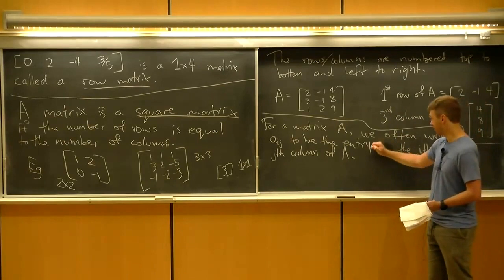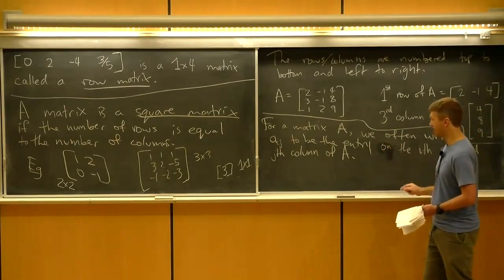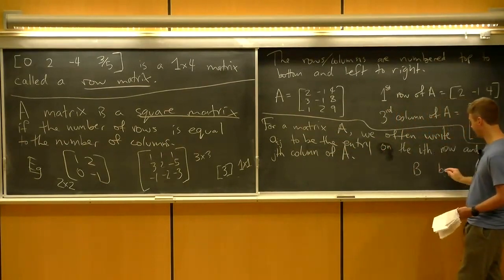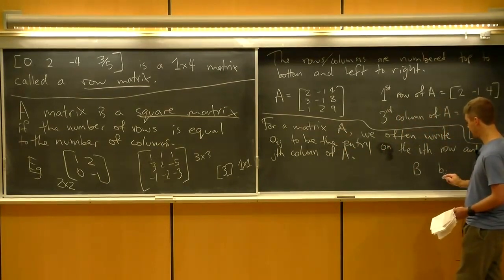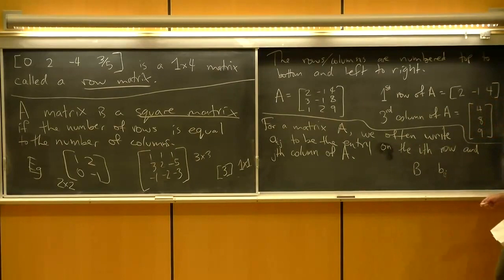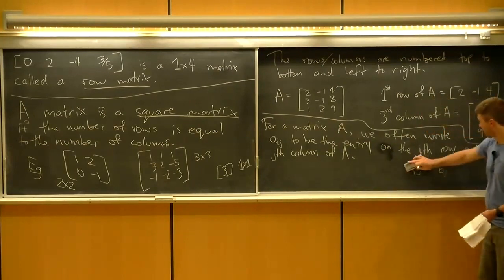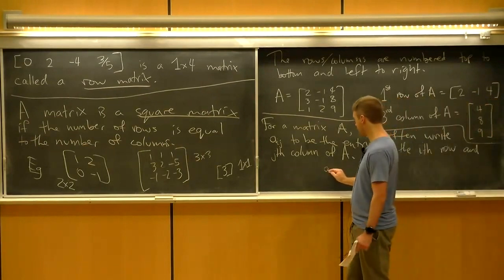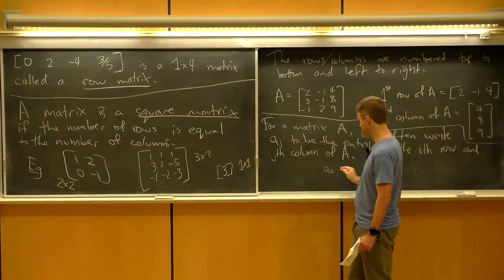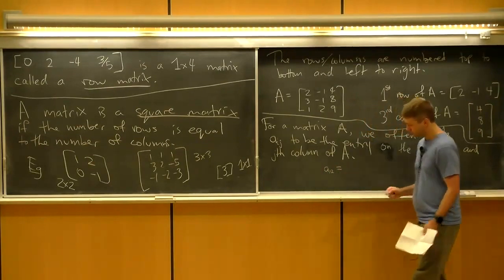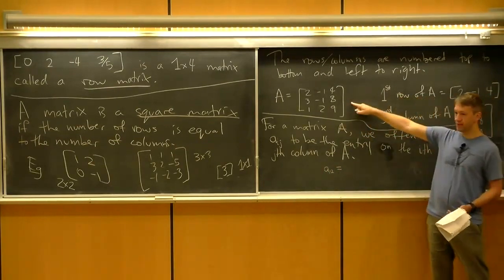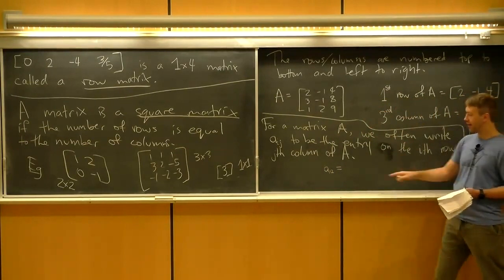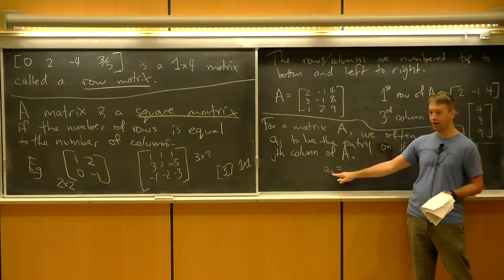So it would be clear. For example, if it was called B, I would use Bij to be the ith row, jth column entry. So in this case, if I said A12 for this specific matrix here, this is the entry on the first row and second column.